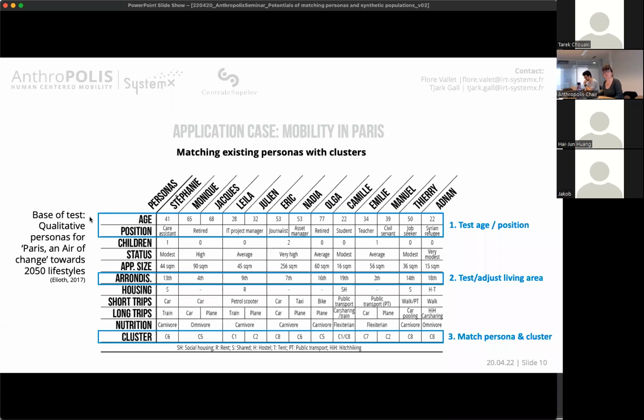And we've got some of the information for how the personas are defined. We wanted to see if we could match that to our synthetic population clusters. So that's what we did, testing the age and also the position, the work status of the personas. We checked and adjusted the living areas and tried to match the personas to the clusters.